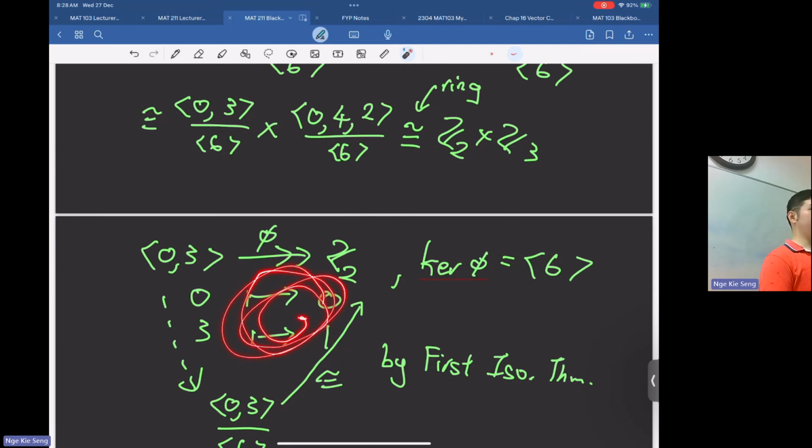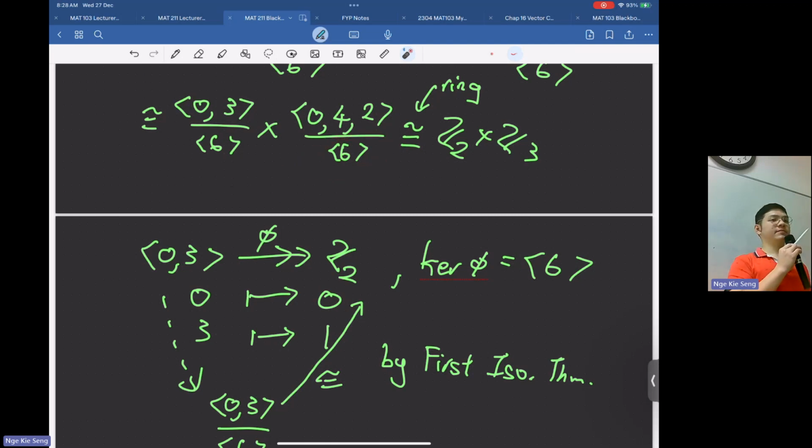You can easily guess that 0 sends to 0 in Z3, 2 sends to 1 in Z3, and 4 sends to 2 in Z3. Then see that the kernel is generated by this 6.